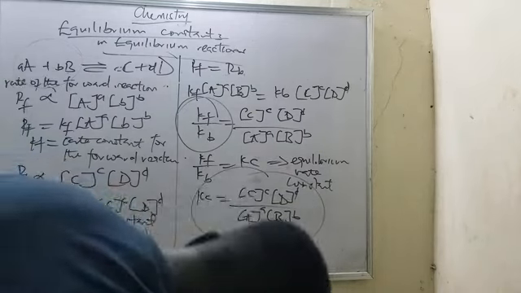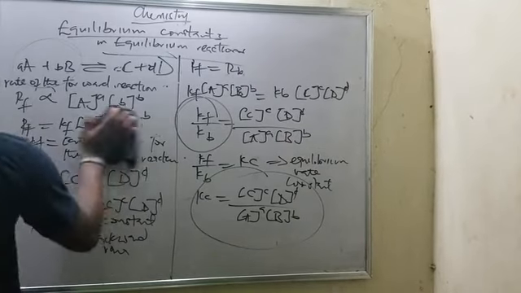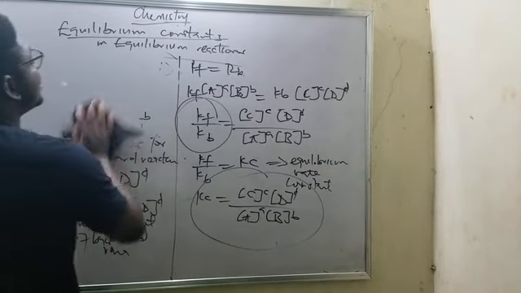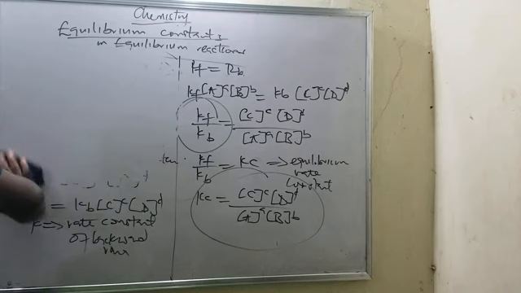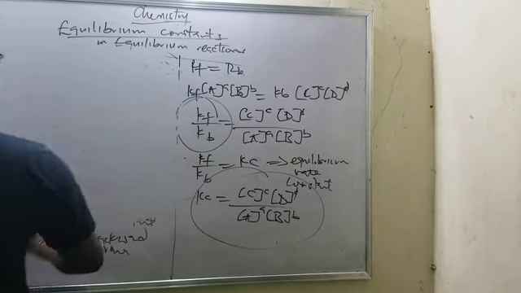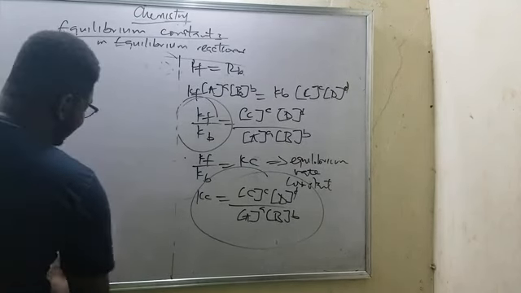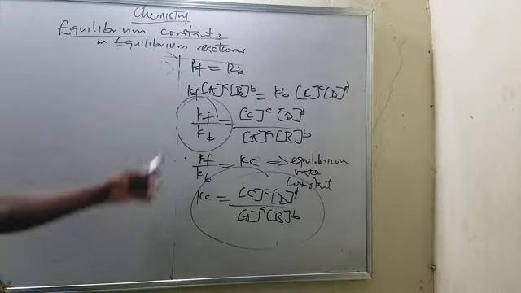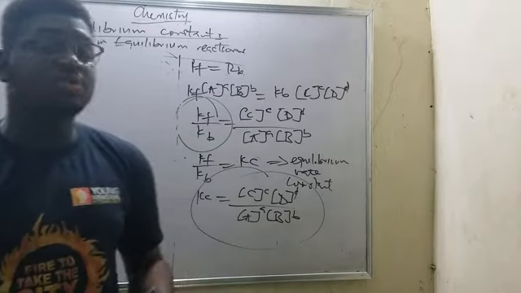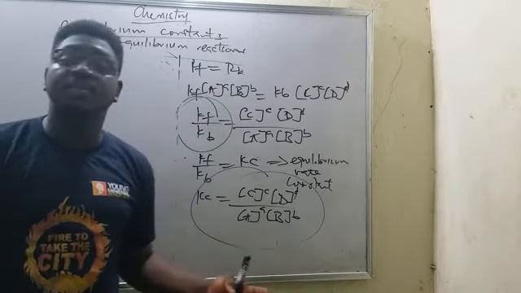Now, there are different significances of Kc. When your Kc is large, it means that you have more on the product side. We have substituted Kc for Kf and Kb, but nevertheless, we can still use it to say something about the equation.